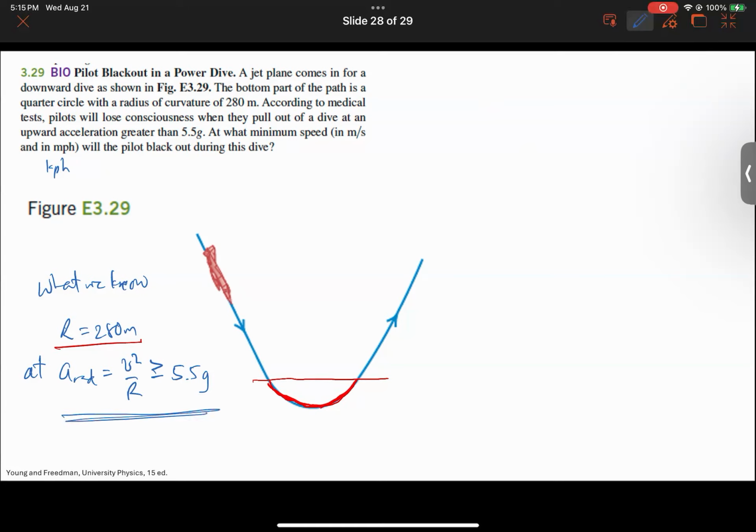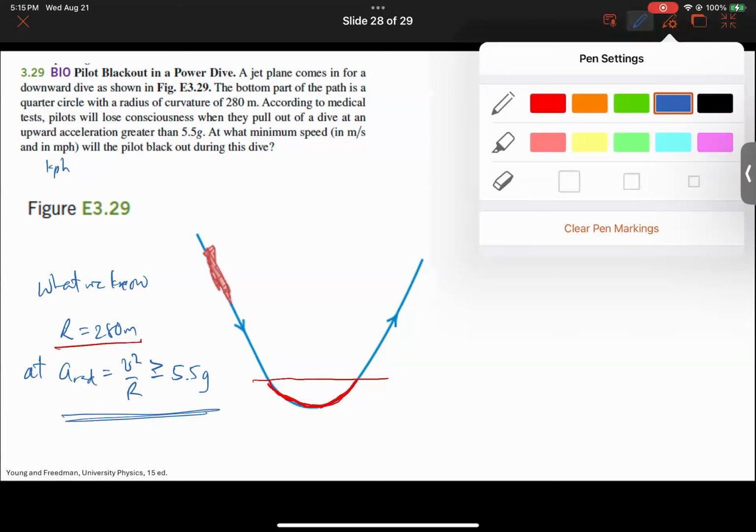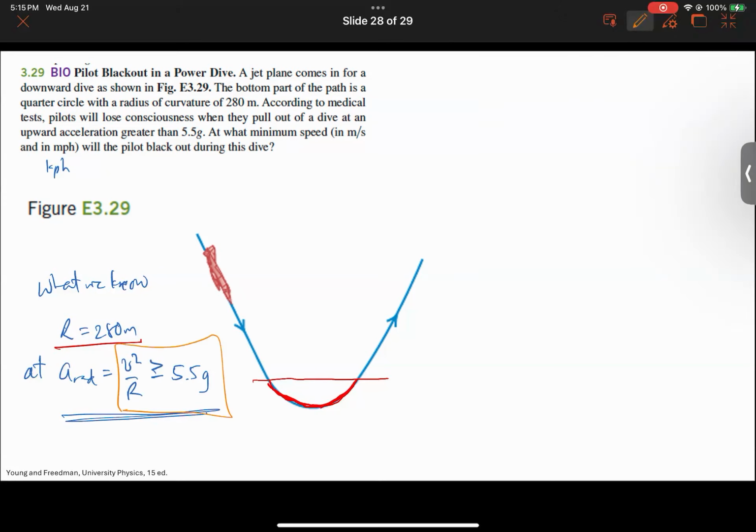Okay, so if we use this as our working equation, then we have v squared over r greater than or equal to 5.5 g. And if we solve for v, then we have 5.5 g r and then square root.